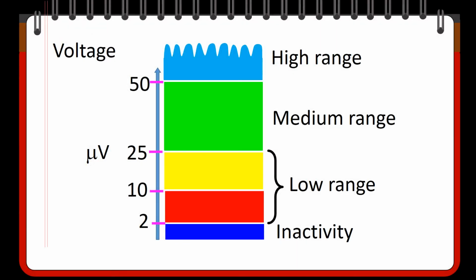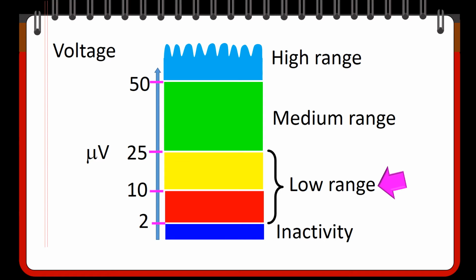EEG recording can be categorized based on voltage into inactive, that is when the voltage produced is less than 2 microvolts, and low voltage range, that is when the voltage produced is between 3 and 25 microvolts.